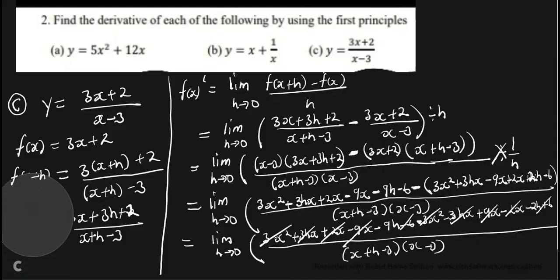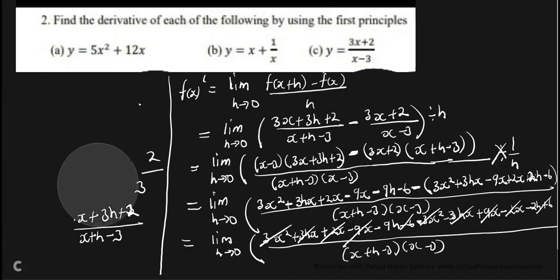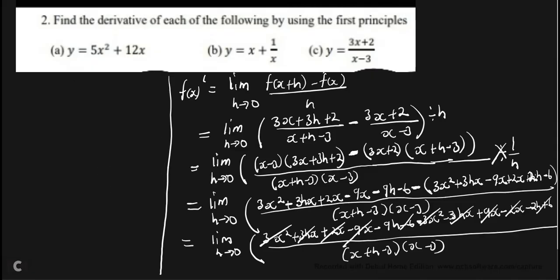Now let's clean this side and write it. So you have equal to the limit, on top we are remaining with negative 9h minus 2h, as h approaches 0, over x plus h minus 3, then x minus 3.